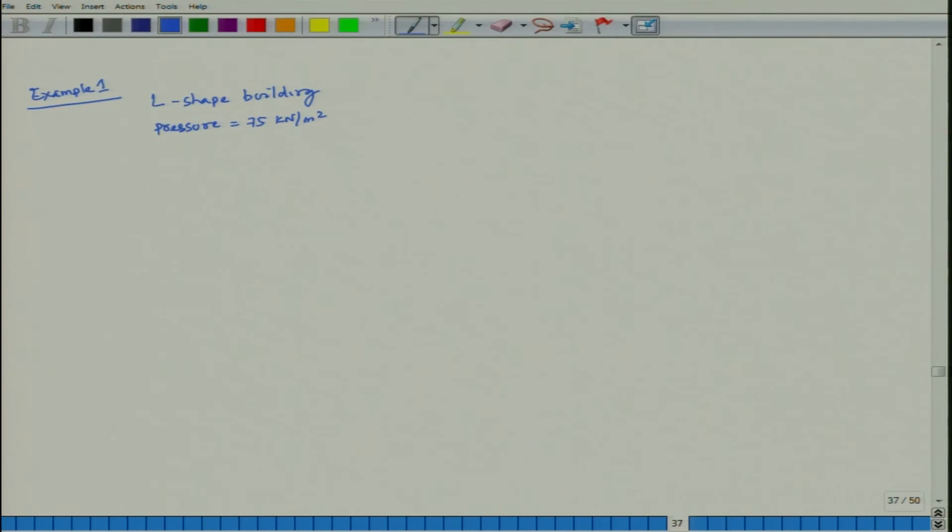Determine the vertical stress of the element at a point 5 meter below the ground surface at point P.